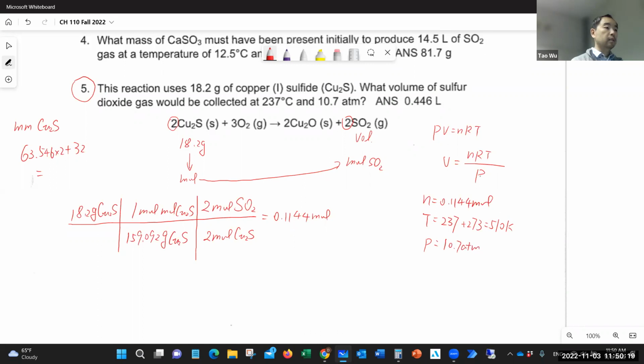What else? Nothing. Then you can just plug all the numbers in there: 0.1144 times 0.08206, remember there's a 0 in between 2 and 6, times 510 Kelvin, and divided by 10.7 atmosphere. And then that's going to be the result.